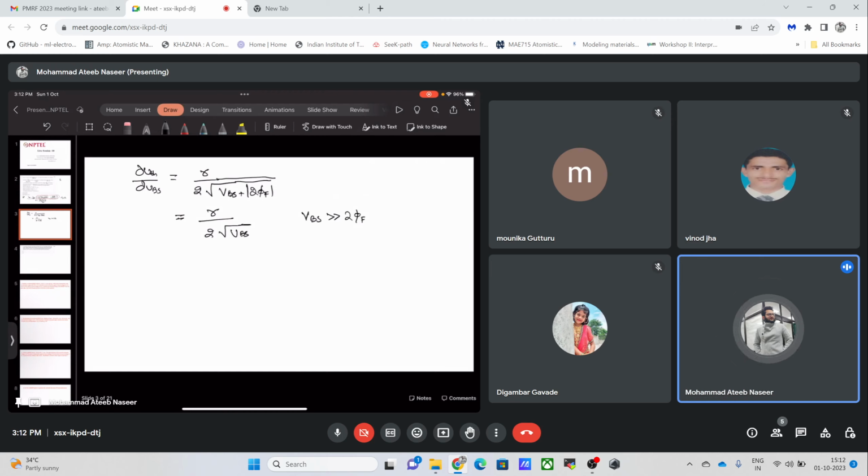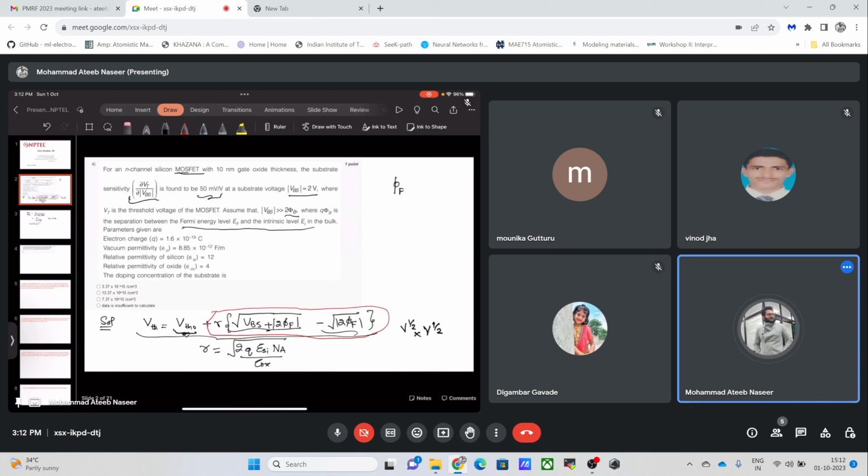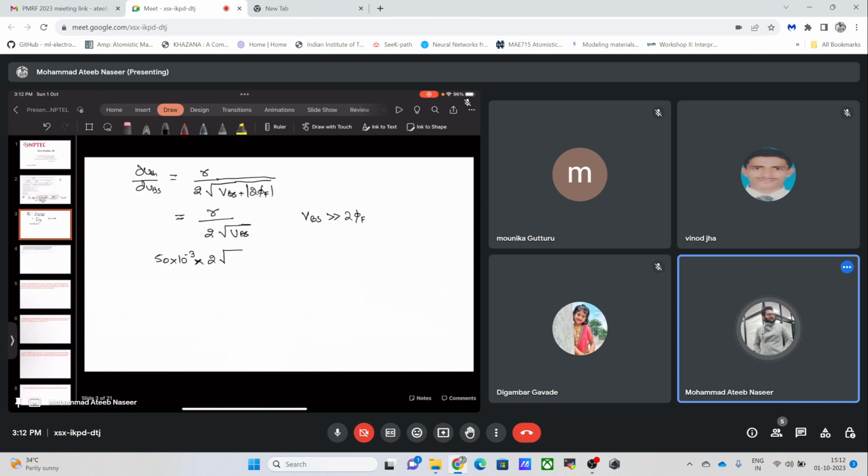This dVt by dVbs has a value of 50 millivolts per volt. So it's 50 into 10 to the power minus 3 into 2 times root of VBS. VBS is having the value of 2. So this is the expression for this thing, and this is equal to gamma.